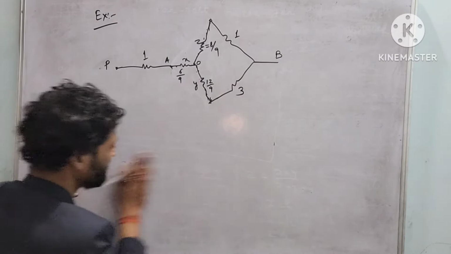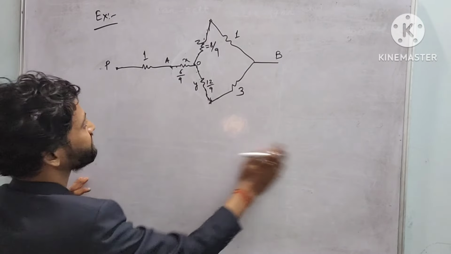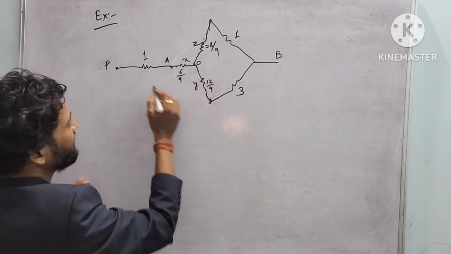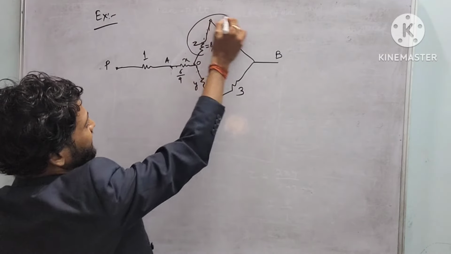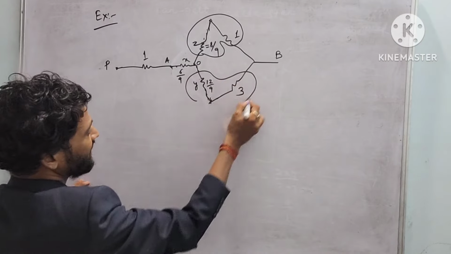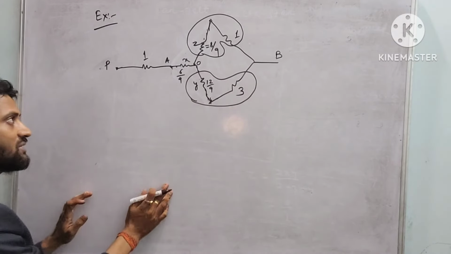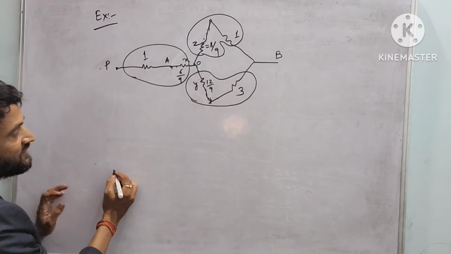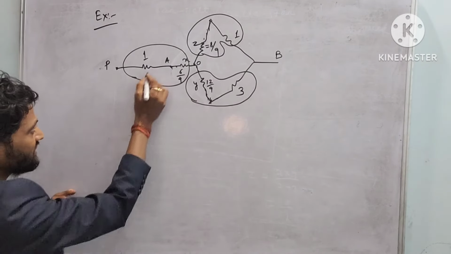So now look carefully here: the 8 by 9 and 1 are both in series, 12 by 9 and 3 are again both in series, and 1 and 6 by 9 are both in series.